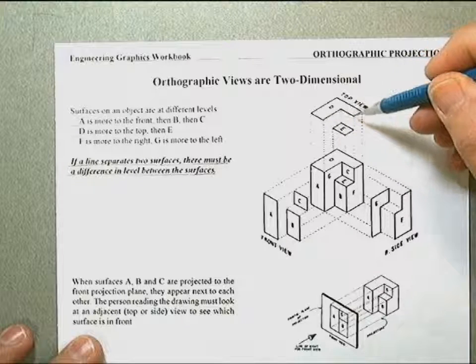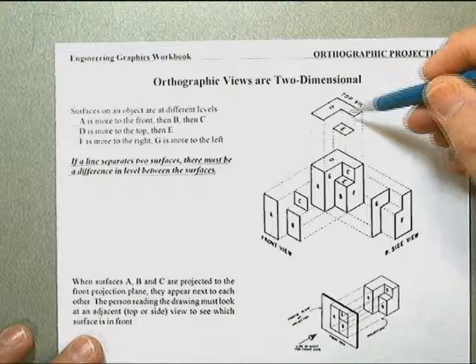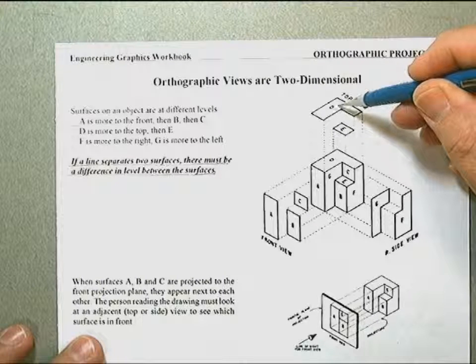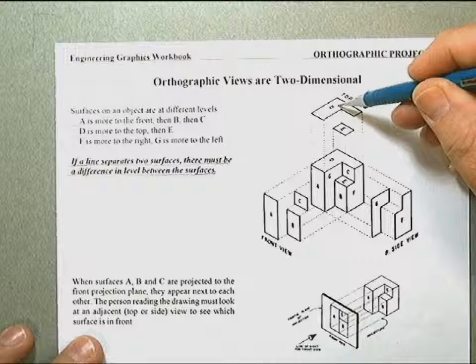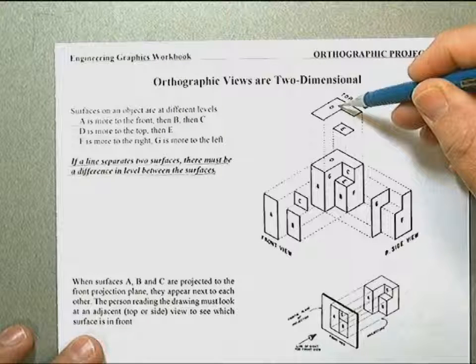Anytime you see a rectangle or a shape shown in a view, immediately your mind should be questioning, is this surface closer to me or further away from my glass pane, my glass side of the box?